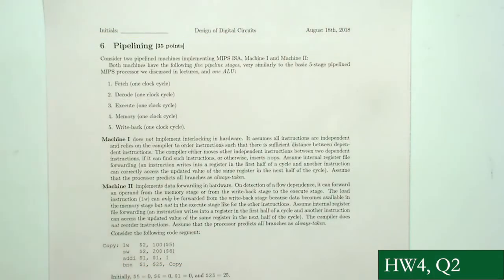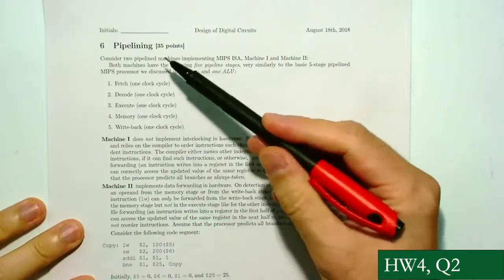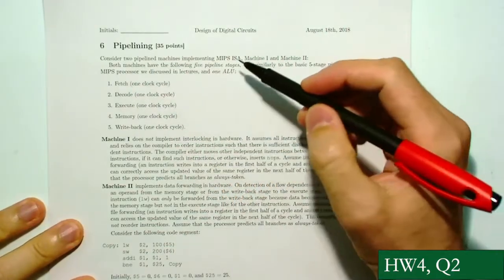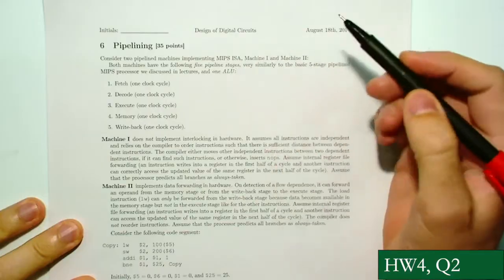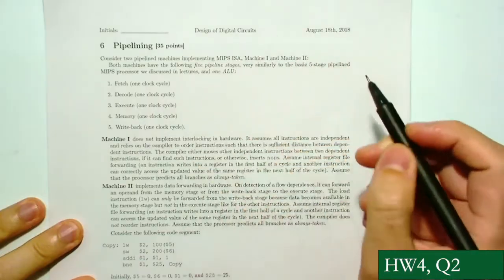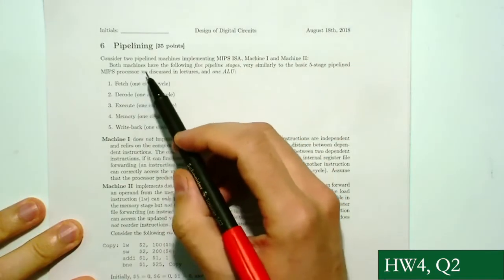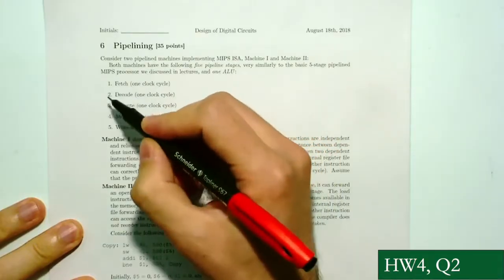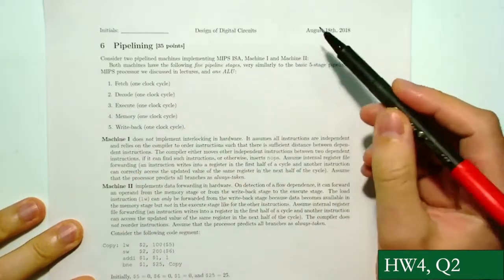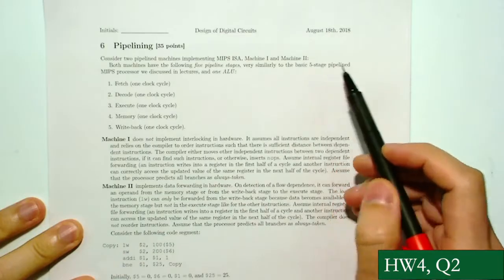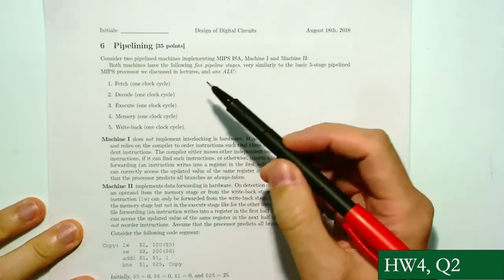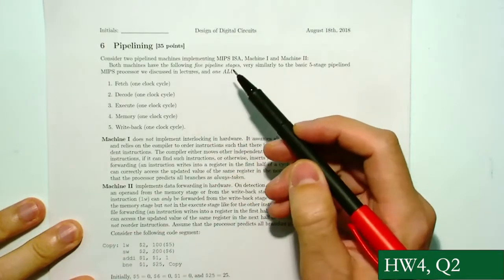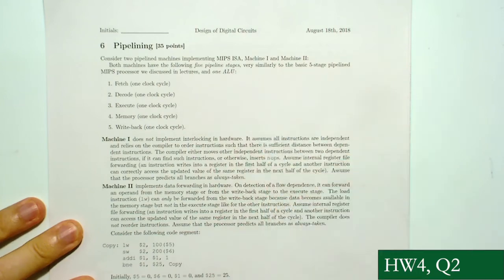So, okay, let's solve this pipelining question. Consider two pipelined machines implementing MIPS ISA, machine 1 and machine 2, right? Both machines have the 5 pipeline stages, very similar to the 5 basic pipeline stages that we saw in class, and one ALU.